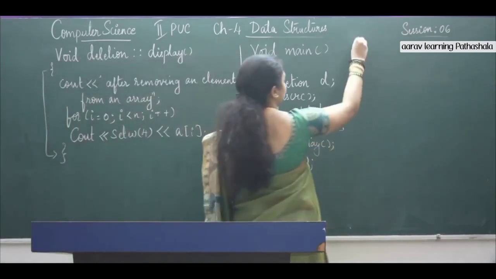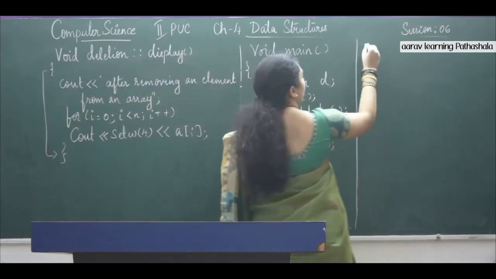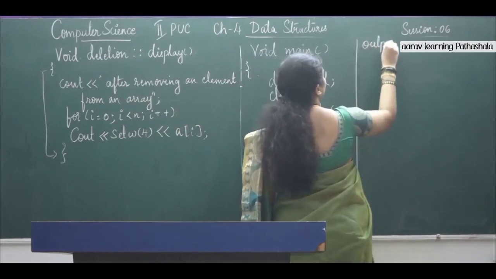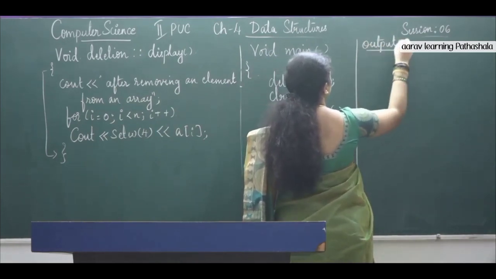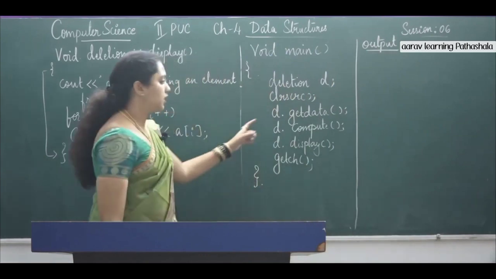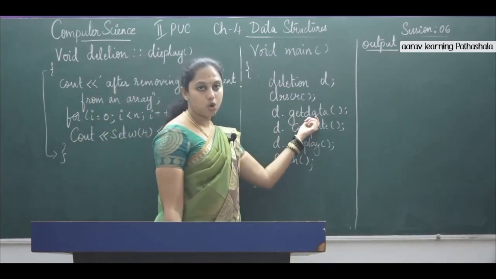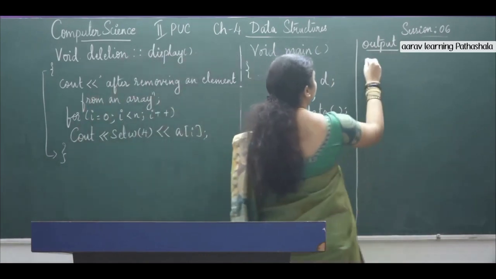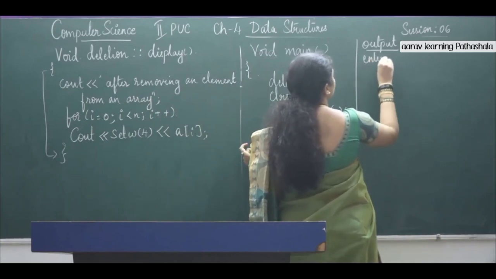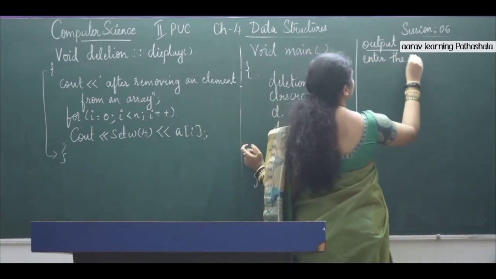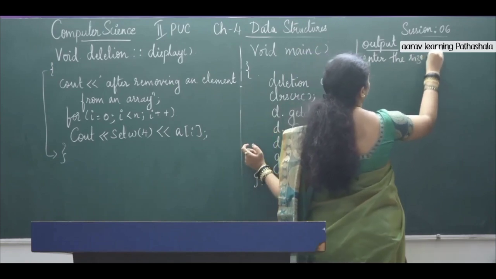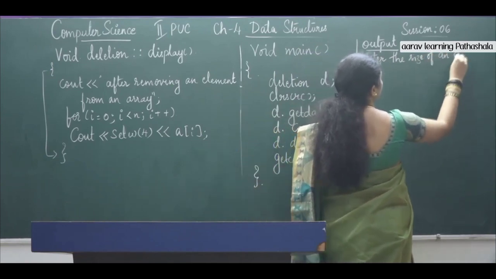Yes, what is the output for this program? So here first get function is called. So in the get function, first it will ask the user to enter the size of an array. What is the size of an array?